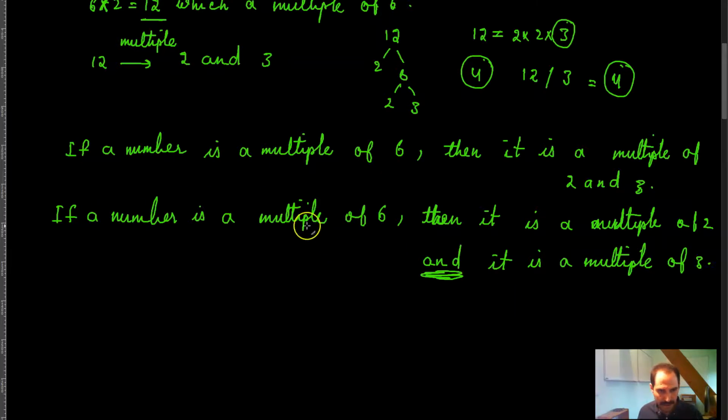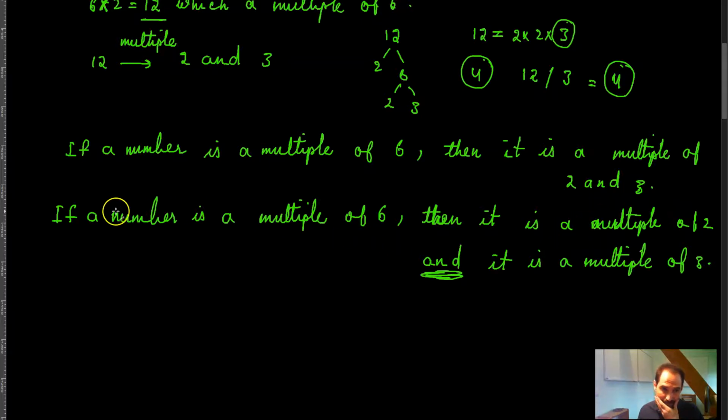What this statement means, and we know it is true based on what we said over here, is that a number simply cannot be a multiple of 6 if it's not a multiple of 2 and not a multiple of 3 at the same time.